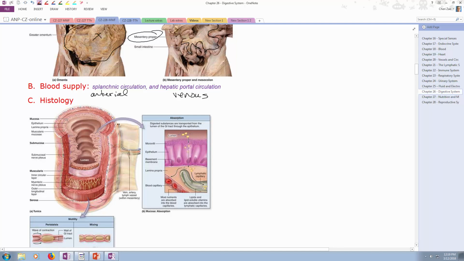And that's why we are redundant in our class, because typically they just call it portal circulation, but we are redundant because we want to impress upon you that this venous blood is going to the liver before it goes anyplace else. So it comes directly from the gastrointestinal tract, which has just absorbed all of the foodstuffs that you have ingested for your nutrition, and it's going to take it first to the liver before it takes it to the bloodstream.